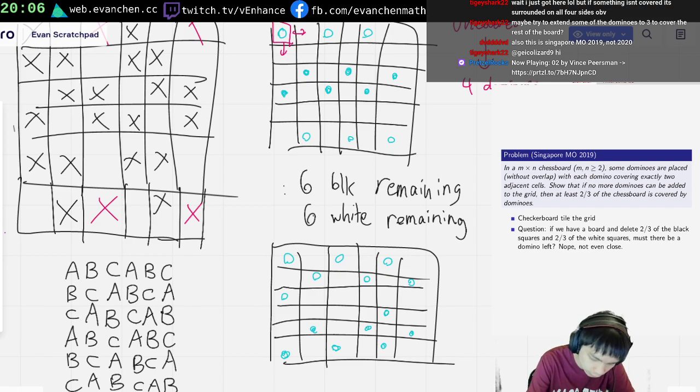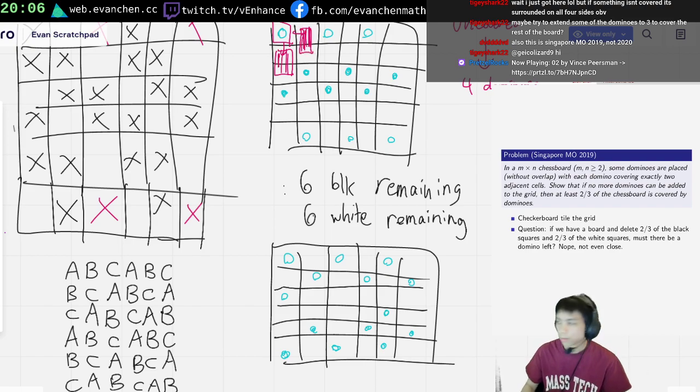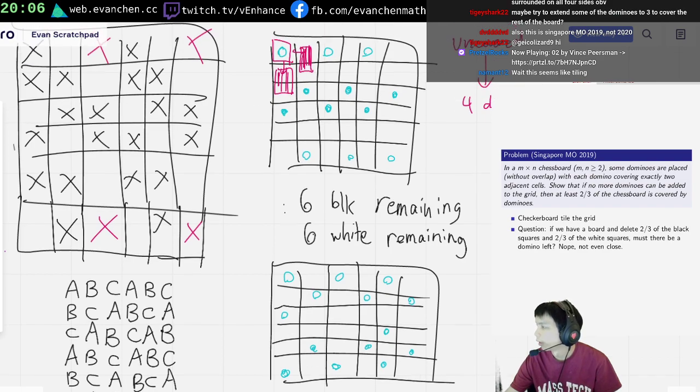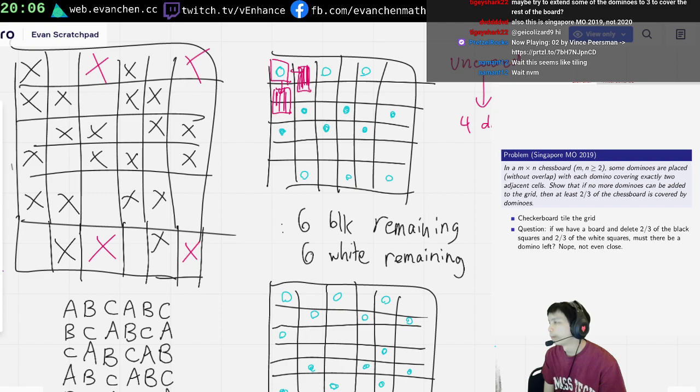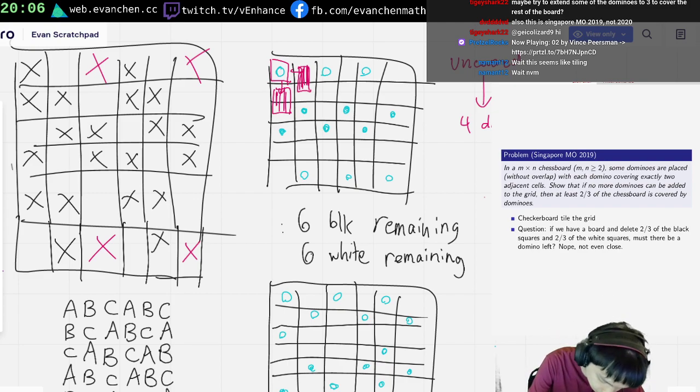Maybe 2 if there's some edge. So you take every uncovered square and there's some dominoes near it. This map, from the same square, you don't get the same domino twice. However, a domino can get intercepted this way multiple times.